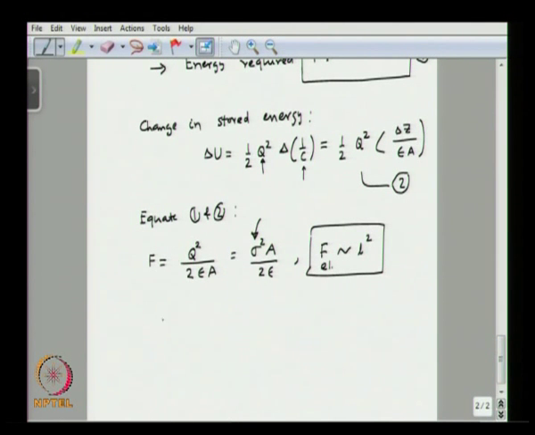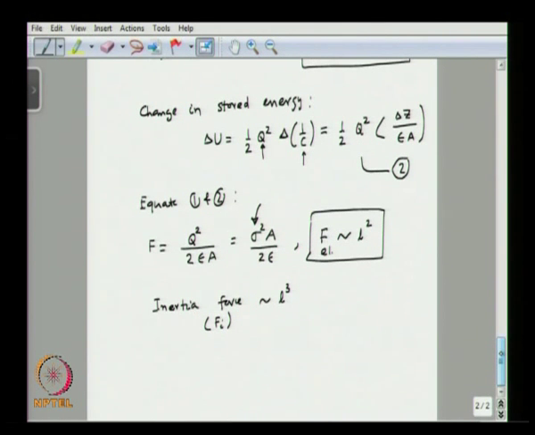Now, the inertia force scales as L to the power 3. So if we take a ratio between F electrostatic over F inertia, it is going to scale as 1 over L, right.